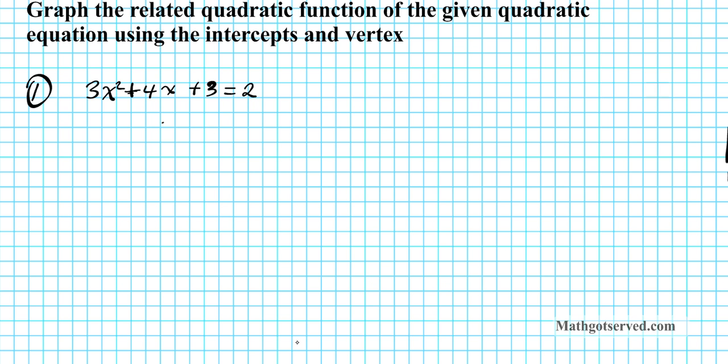So we're going to subtract 2 from both sides, and we have it set equal to 0. We'll have 3x squared plus 4x plus 1 equals 0. So that makes the related quadratic function f of x equals 3x squared plus 4x plus 1. We just set the quadratic in standard form equal to f of x.